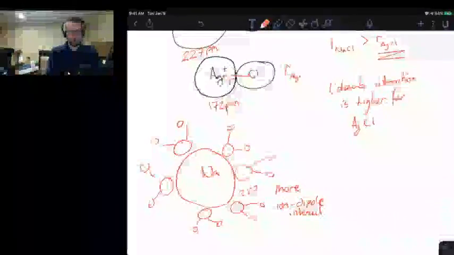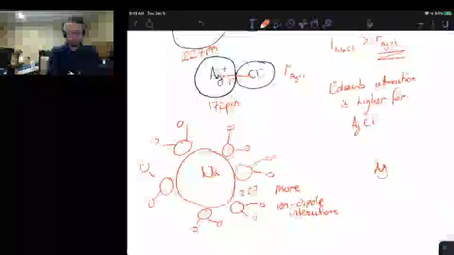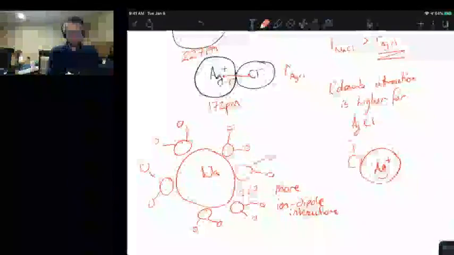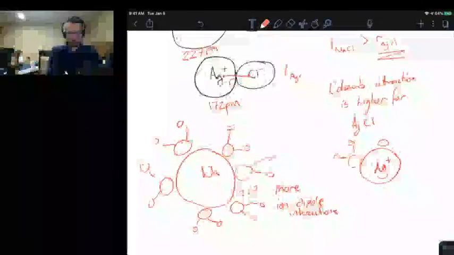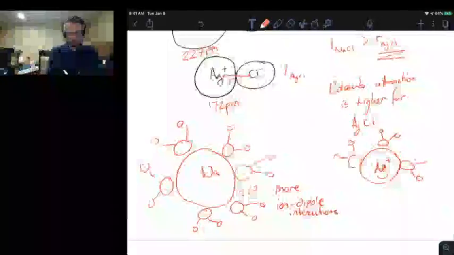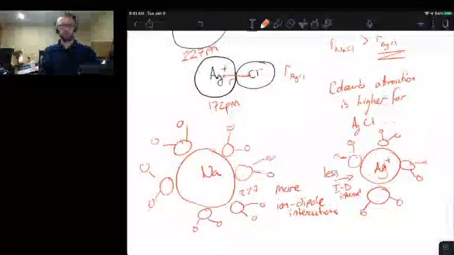If you replace that with a little tiny silver, same charge, right? But now you can only fit, say, in my little doodle here, let's just say we can only fit 4. Should have made my waters bigger. And so this one has less ion dipole interactions. So it affects both sides of that equation.